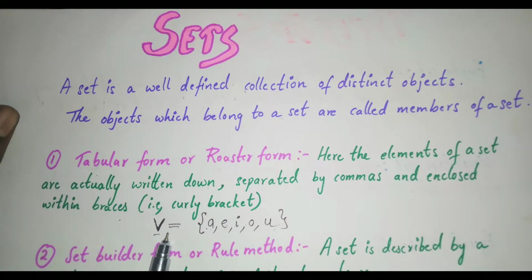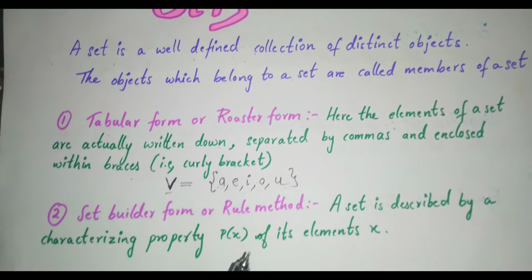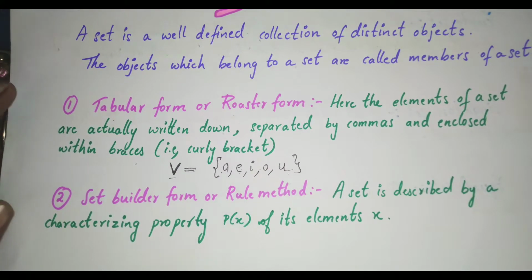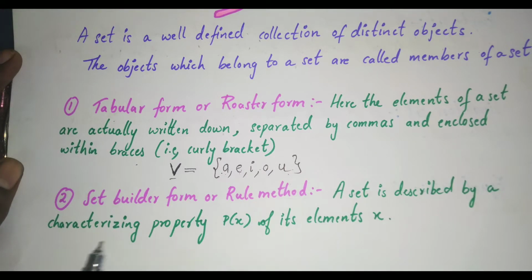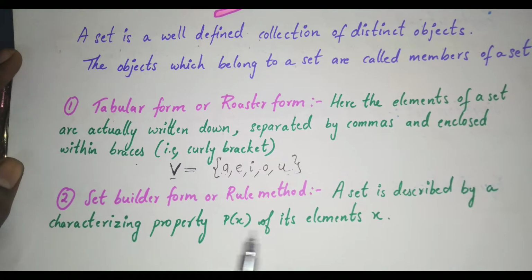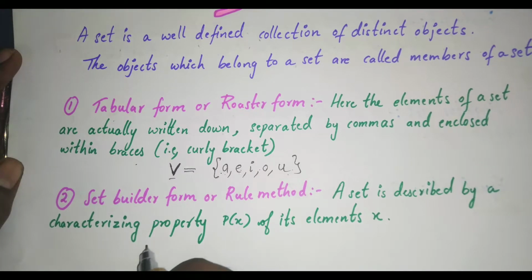Now the second form in which you can describe a set is set builder form. Set builder form is also called the rule method. In set builder form, a set is described by a characterizing property P of x of its elements x. To understand the set builder form, we'll take one example. Suppose A is a set.